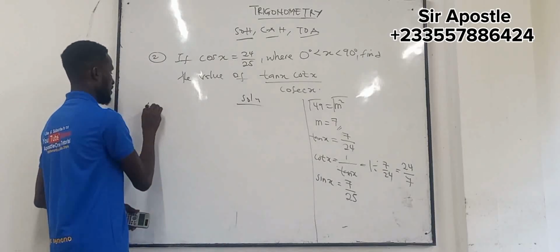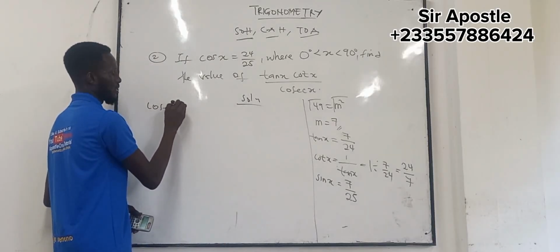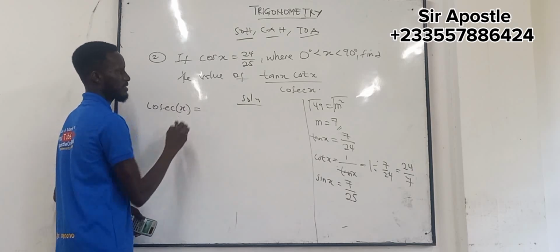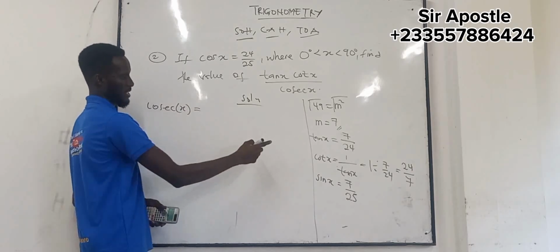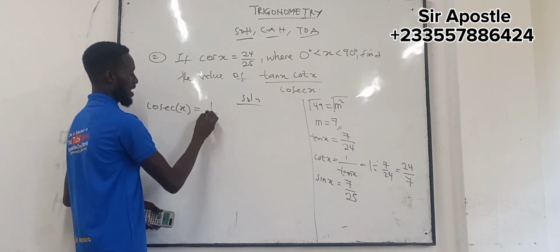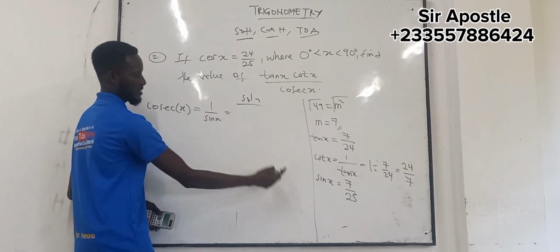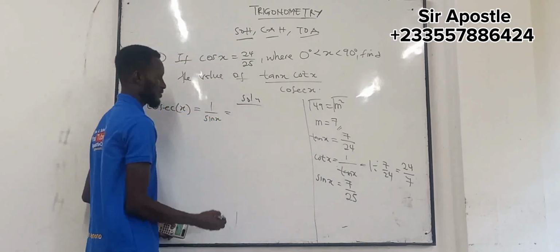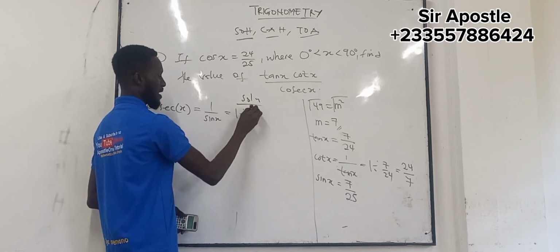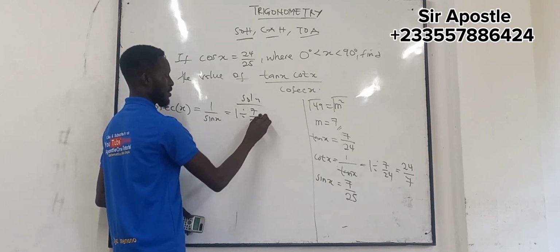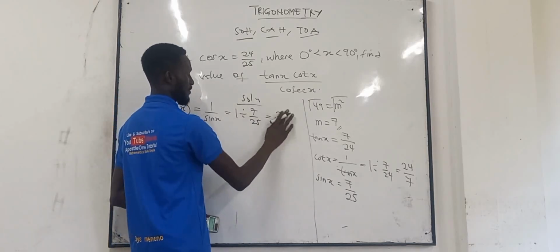Our cosec of the angle x is 1 over sine x. The sine is 7 out of 25. So which means 1 divided by 7 out of 25, which will give us 25 out of 7.